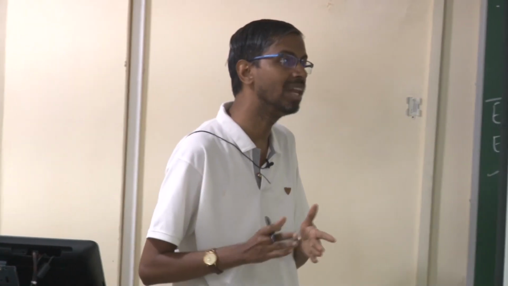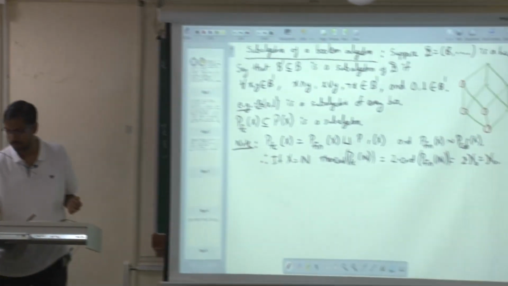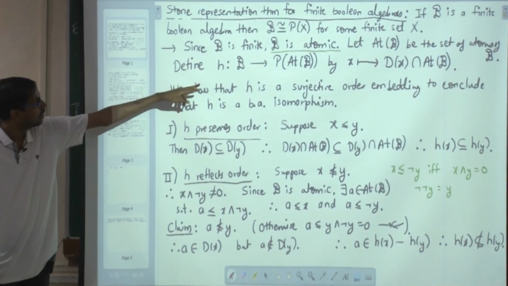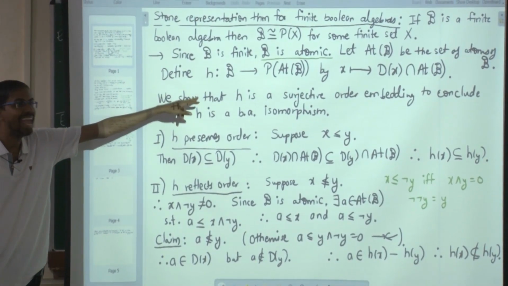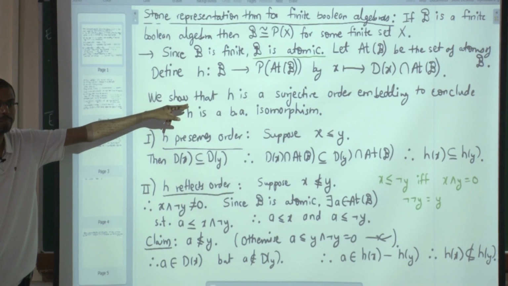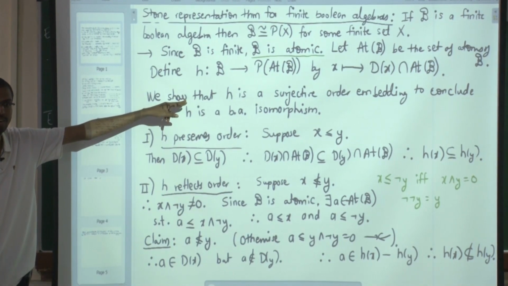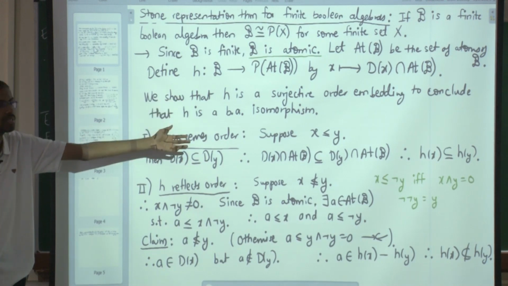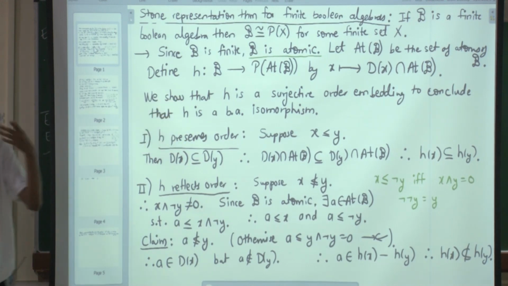Okay, I haven't told you what it is, but there is an atomless Boolean algebra. So, can our previous proof work? We found the set X by, what did we do? By choosing the set of atoms. But if there is a Boolean algebra which doesn't have atoms, how do we find set X?